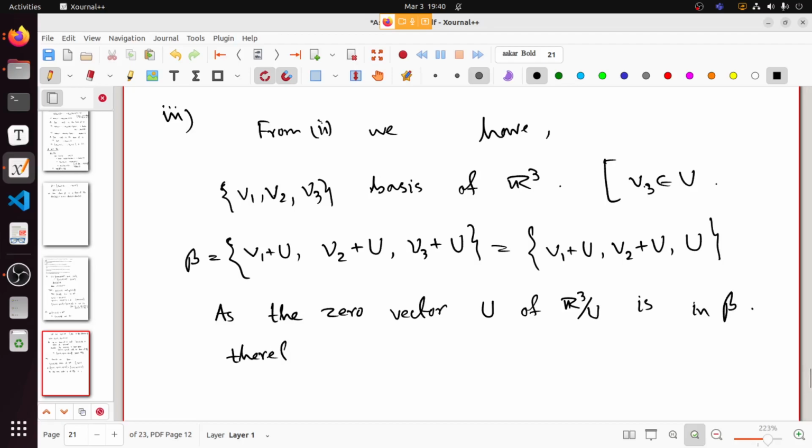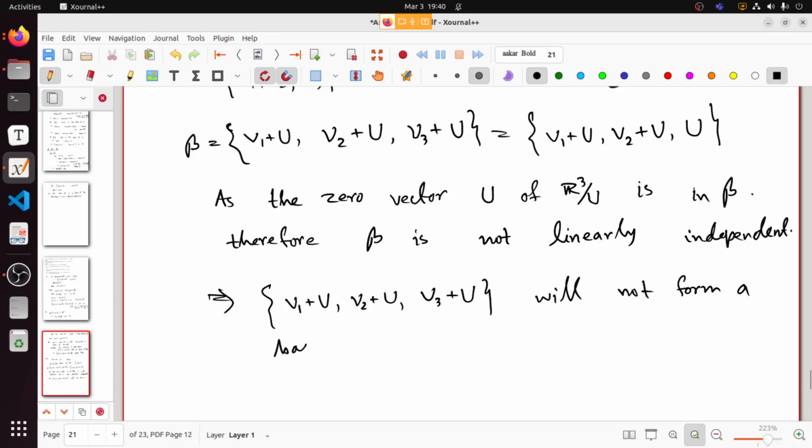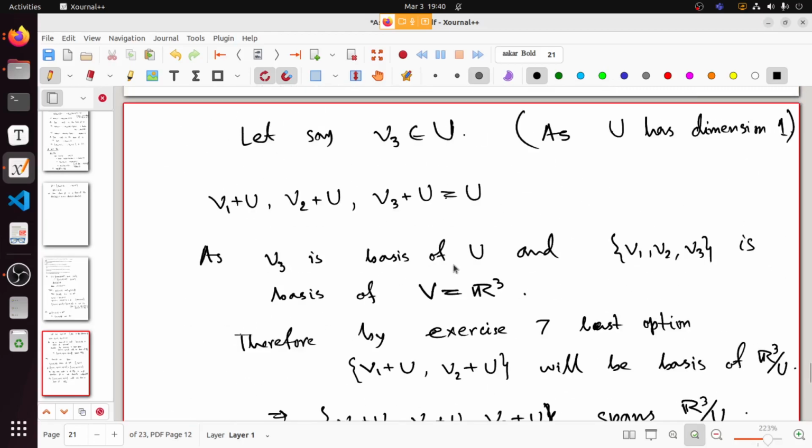Therefore beta is not linearly independent, so therefore this will not form a basis. V1 plus U, V2 plus U and V3 plus U will not form a basis for R3 mod U. So the option number 3 is wrong.